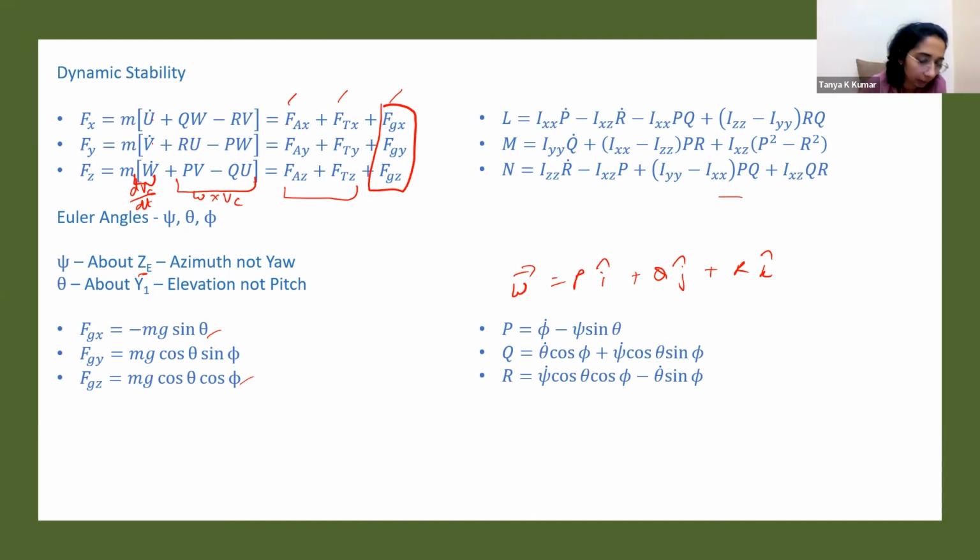Okay, if you want to consider the stability axis, fine. Stability axis is when you orient your axis with respect to the oncoming velocity.